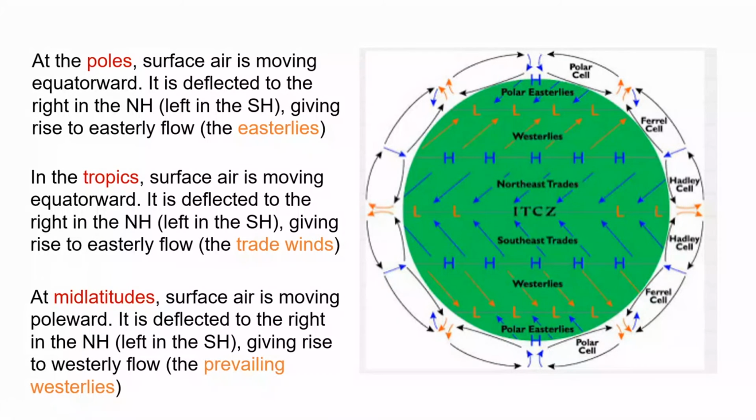Actually the wind should blow in this direction, but due to the Coriolis forces, it turns to the left side. So therefore they are curved like this.